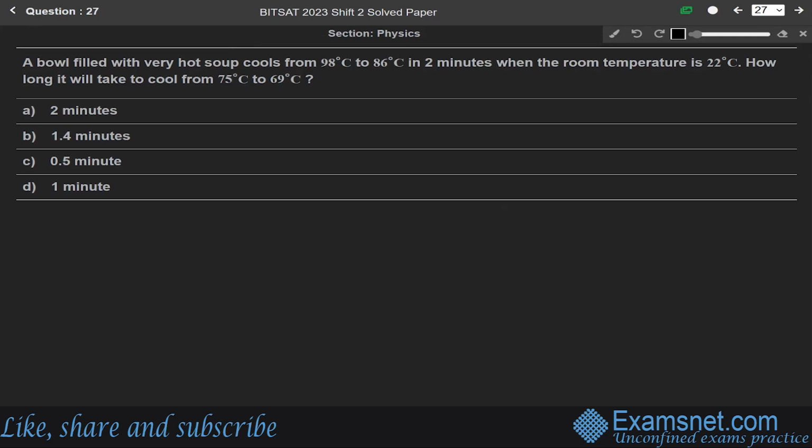Okay. So this question is from the chapter of thermodynamics. We know that the rate of heat flow is given as del Q over del T. Rate of heat flow is equal to minus K (T minus T naught).